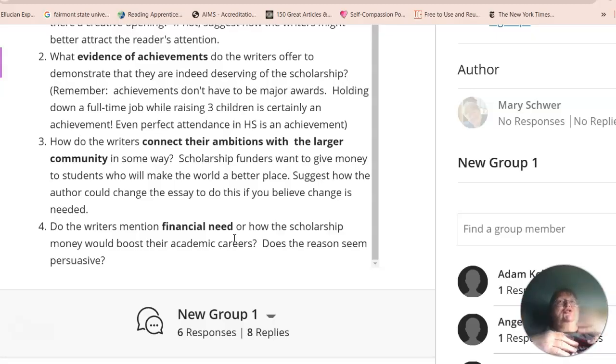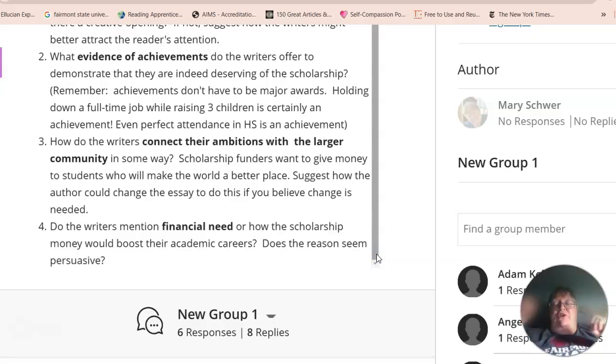On the other hand, if you are struggling semester to semester to pay your tuition, here's where you can say that. And you don't have to sound abject or pathetic. No doubt you are juggling a couple of jobs or one long job in order to try to pay for everything. So showing that you are actively struggling with life, grappling with the situation in which you find yourself to try to make it through school, is a kind of resilience that the scholarship funders want to see, and that can be very persuasive.